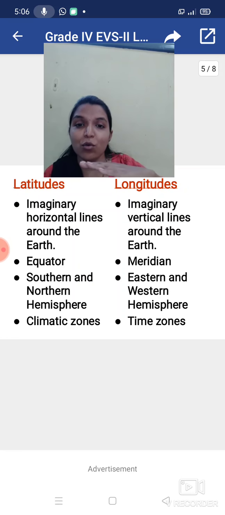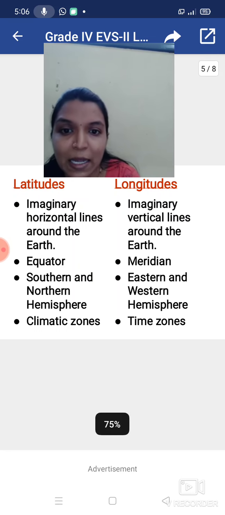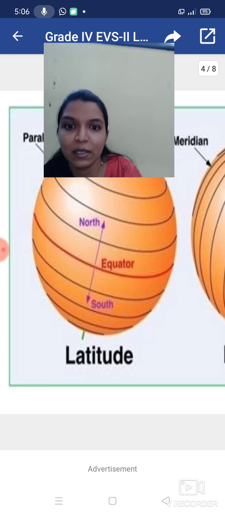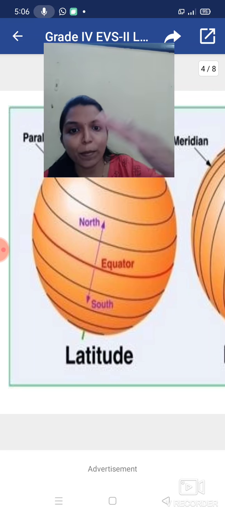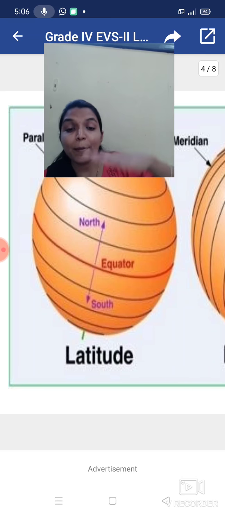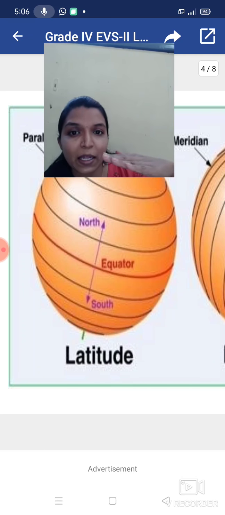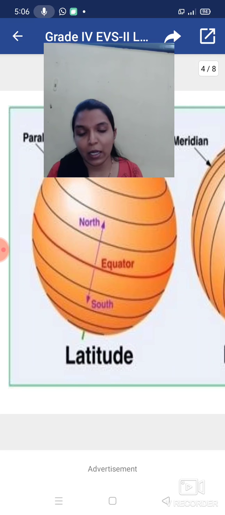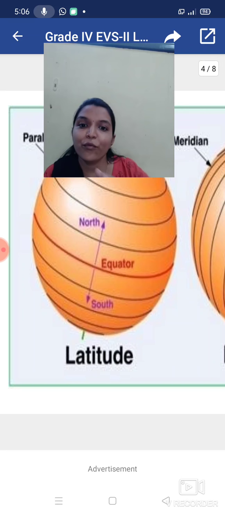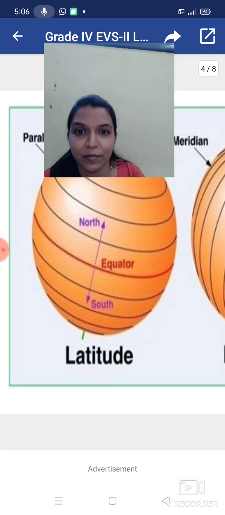Now see in this diagram, this is the equator, it is dividing into two parts. Please consider that the earth is a sphere. When we divide it into two parts, each is a hemisphere.